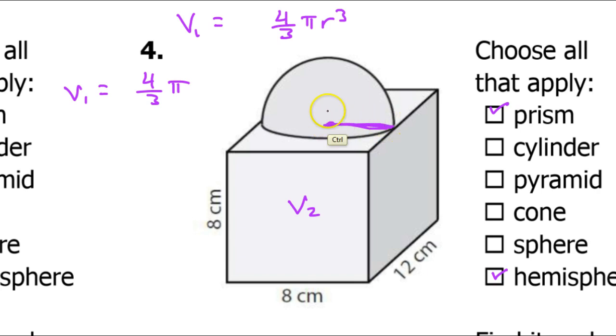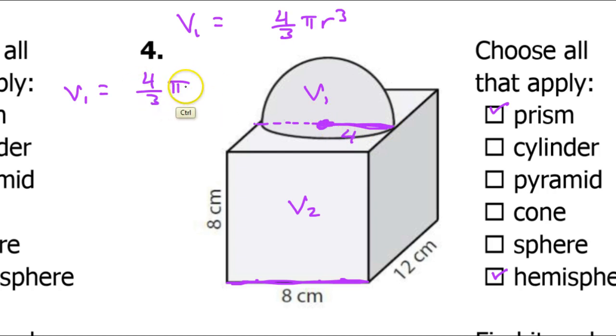The radius is doing something like this. How big is that? That's going to be half of the width of this edge right here. If this is 8, then this must be 4. Because if I kept going all the way to the other side, that would be the same as this edge down here. If this is 8, then this is 8. But if I'm doing the radius, that's half. So that's going to be 4.